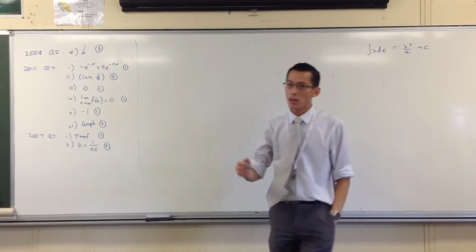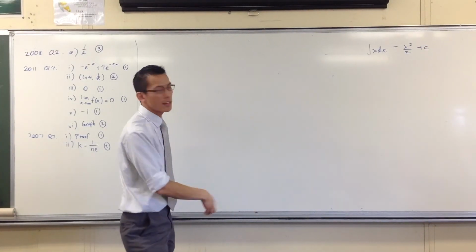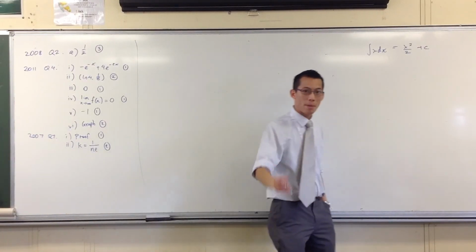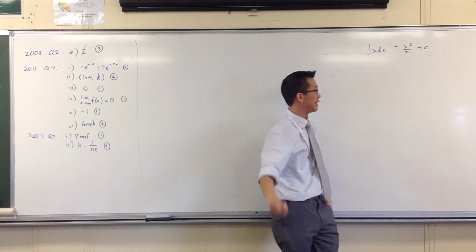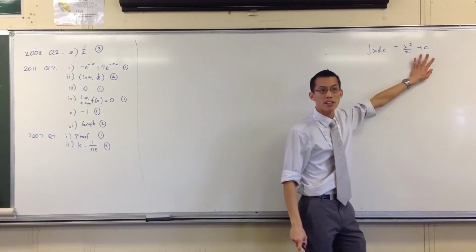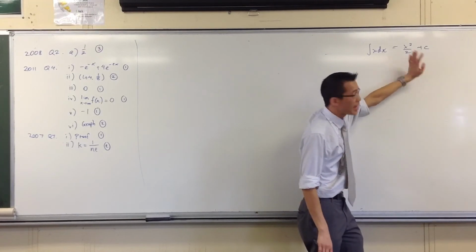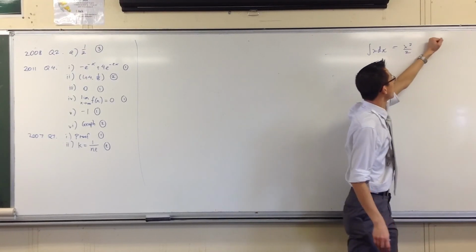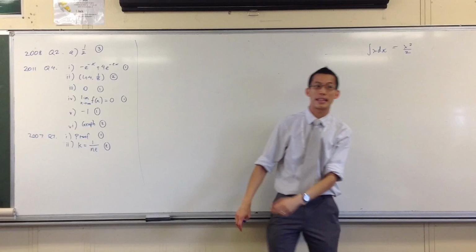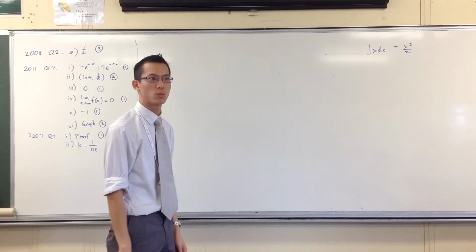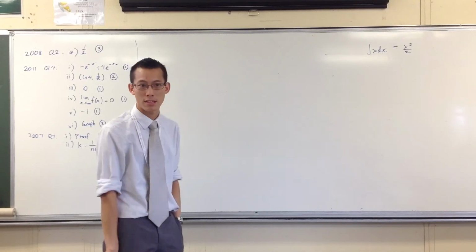Now, you remember that I said in an HSC exam which has plenty of integration questions, there will be one place and one place only where they're actually going to deduct a mark for the constant not being there. So that means that by and large, if you see a question like this and you answer it like that, in the HSC, that more than likely will get through and there will be nothing deducted from that.